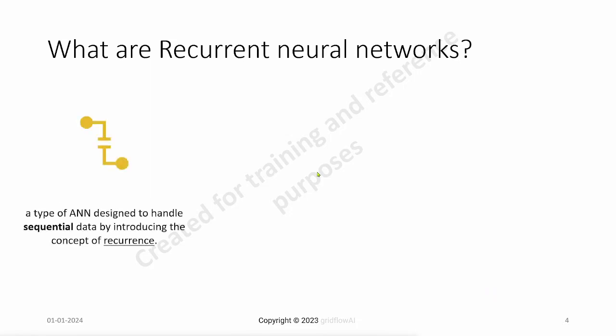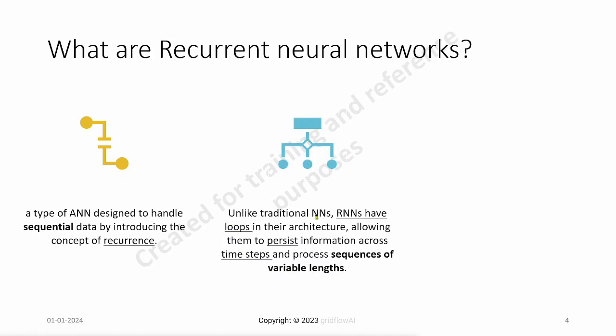So, what are recurrent neural networks? Essentially, a neural net to process sequential data using something called recurrence. We will see how this recurrence is achieved. In a typical neural net, we do not have a feature called recurrence.